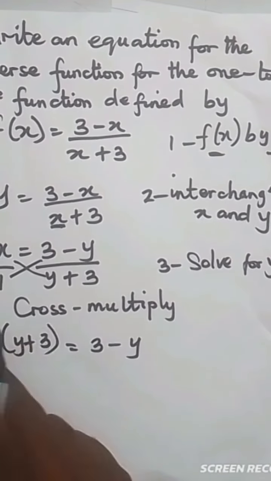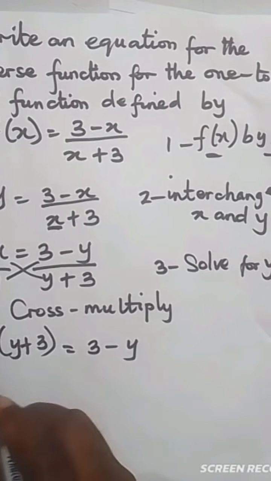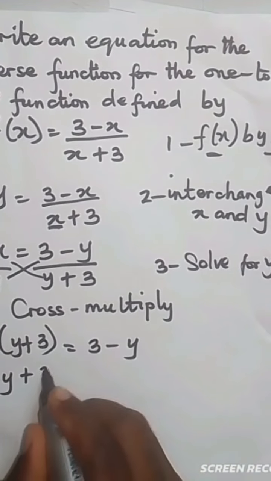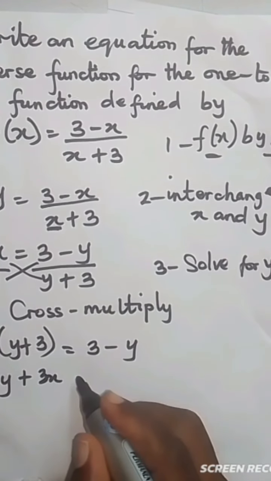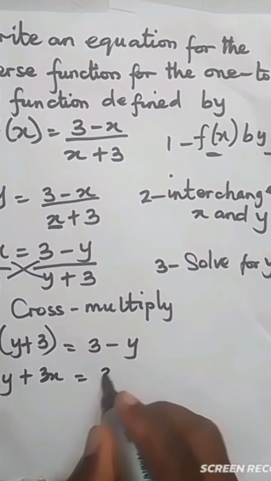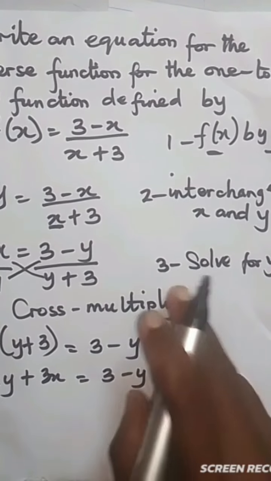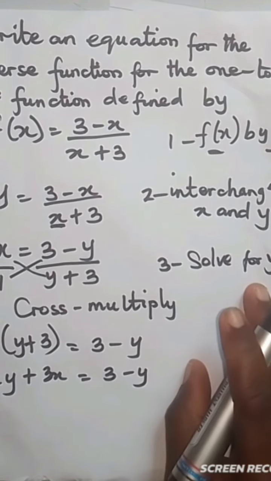When we open the bracket, we're going to have xy + 3x. So we have xy + 3x = 3 - y. So I think we have started solving for y.